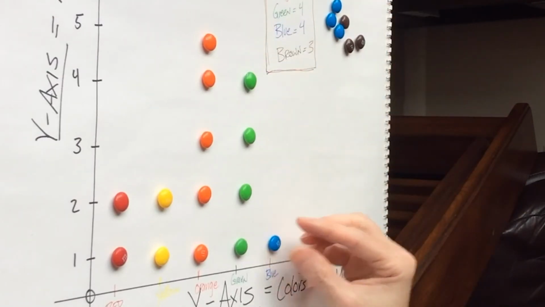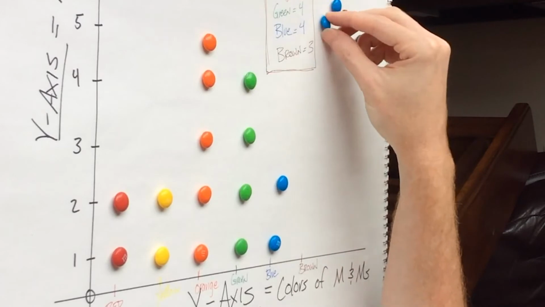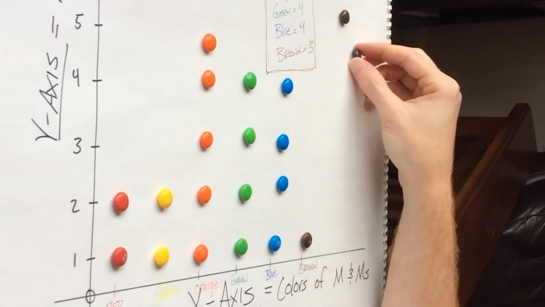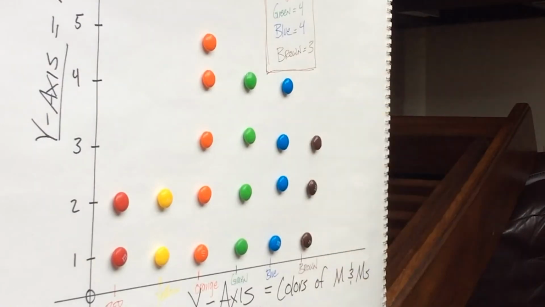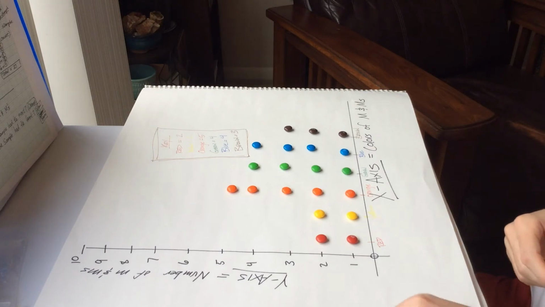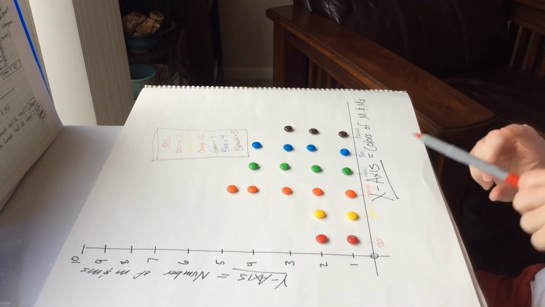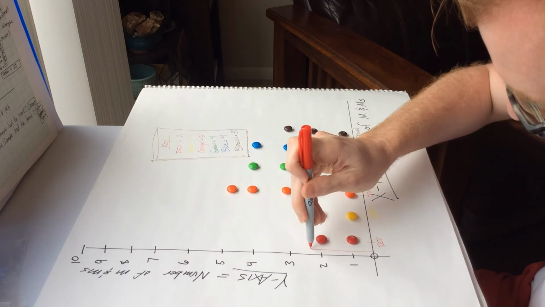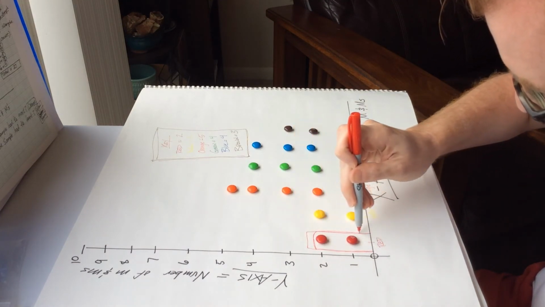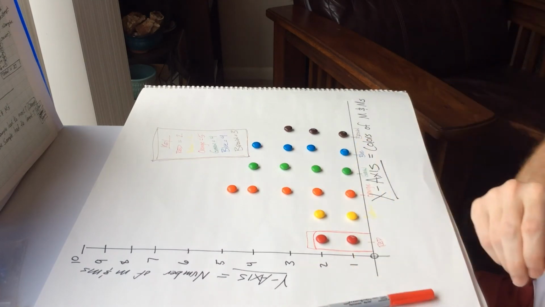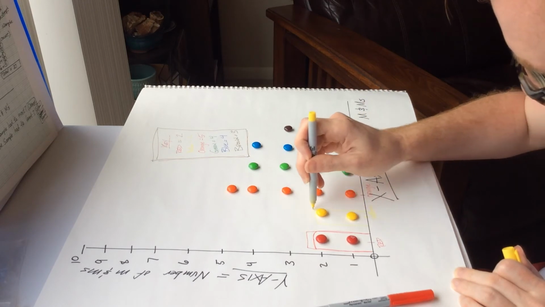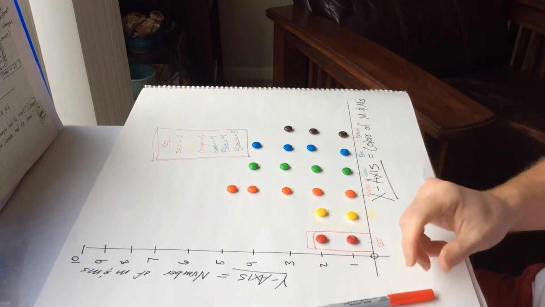Blue, 1, 2, 3, 4, and brown, 1, 2, 3. So I have them on my bar graph. So I'm just going to now take my colored markers and trace a bar around them to represent their number.